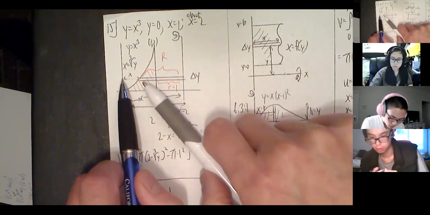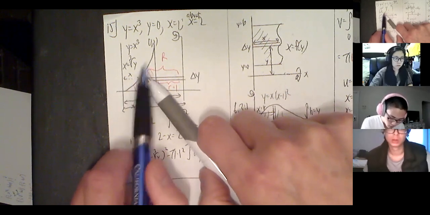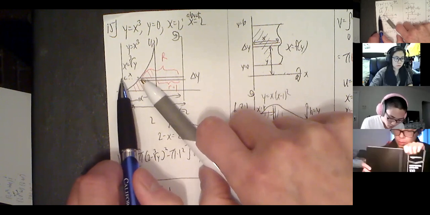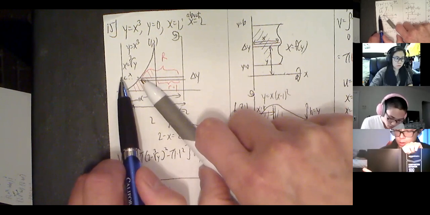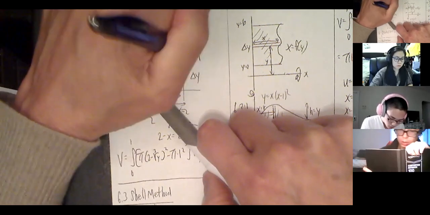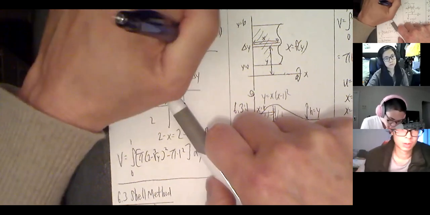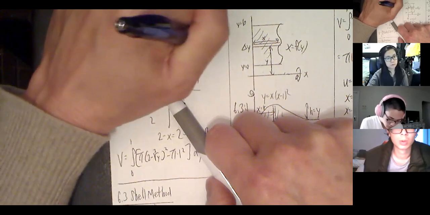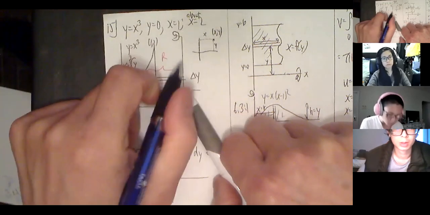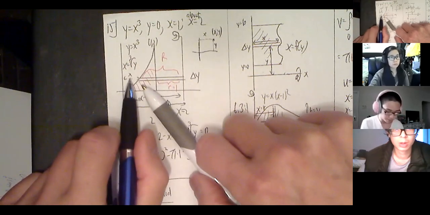And how far is it from here to here, anywhere along the curve? Well, that's what we normally call x. Right? That's getting back to this fundamental picture here. If I have x comma y, this distance is x, and this distance is y. Right? So this is x.